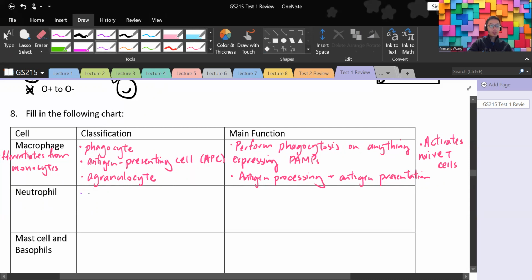Neutrophil. We would classify that as a granulocyte. It is also a phagocyte. The main function is just phagocytosis.